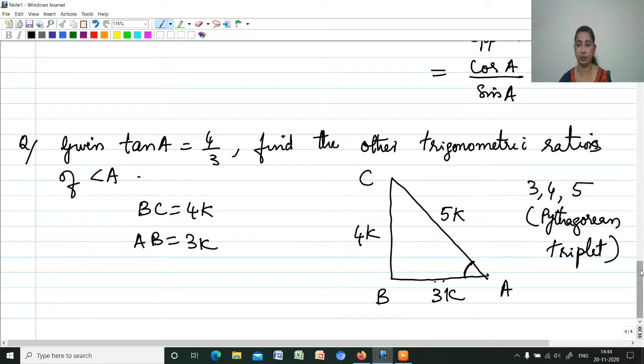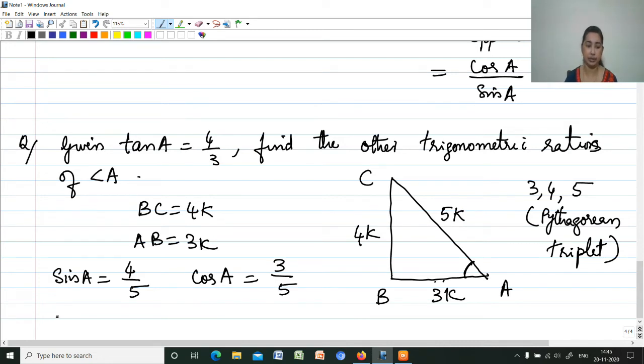Now we got all the three sides. Now we can find the other ratios. We have to find the other trigonometric ratios. So what is sine A? Sine A is opposite by hypotenuse, that is 4 by 5. Then what is cos A? Cos A is equal to adjacent by hypotenuse, that is 3 by 5.